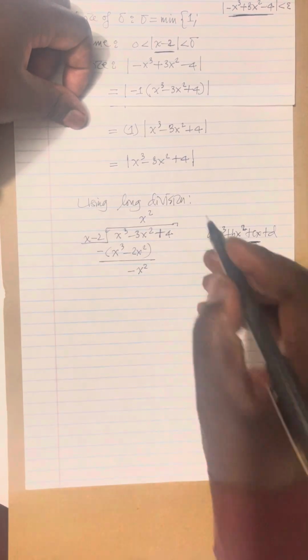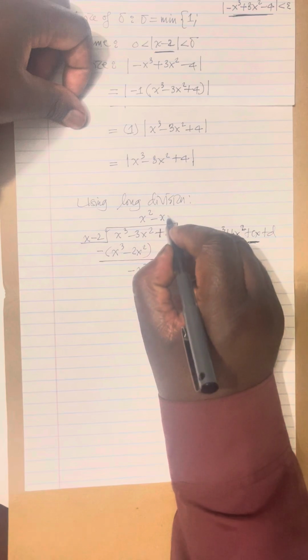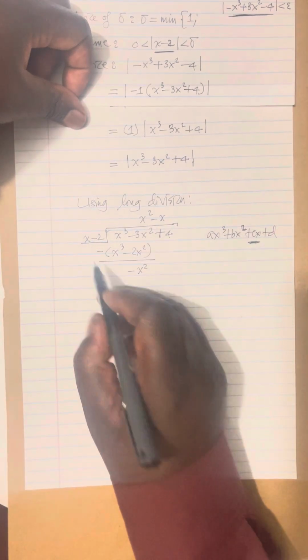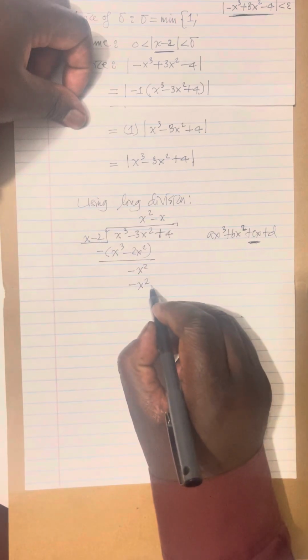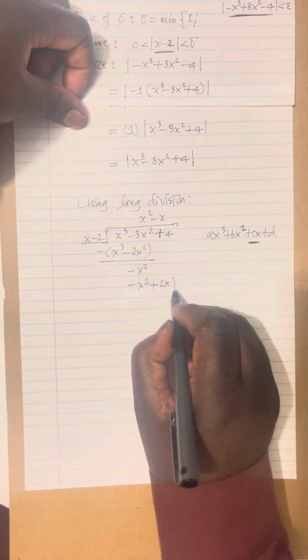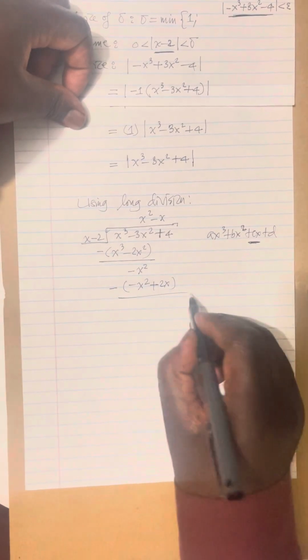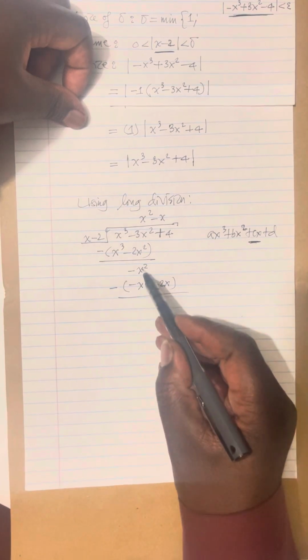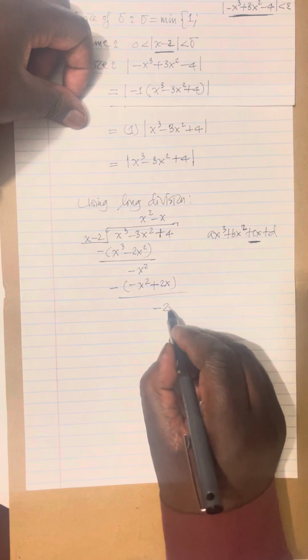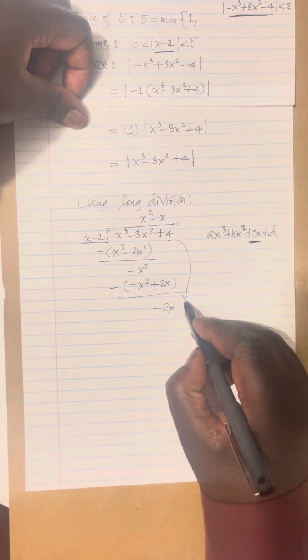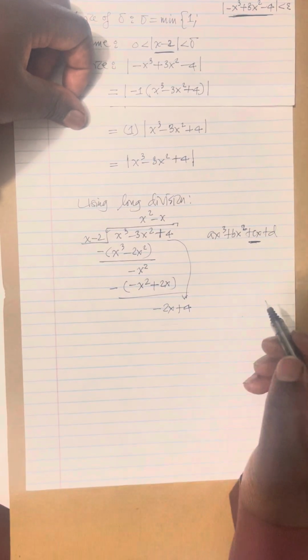x into minus x squared is minus x, and then minus x times x is minus x squared, minus x times minus 2 is actually positive 2x. Now I subtract. Obviously these two cancel, but this one now becomes minus, so now I have minus 2x, and then drop the 4, which is positive 4.